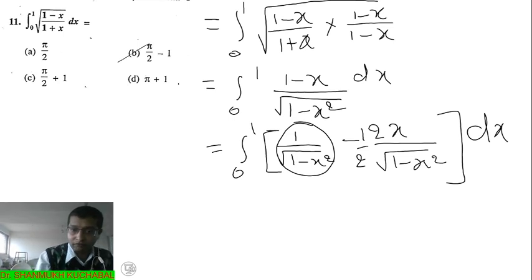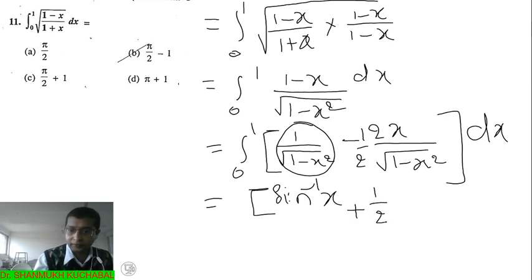So further, the integration of 1 divided by the square root of 1 minus x square is sine inverse x, minus, and here we get a plus, right? So 1 by 2 as it is, because here we have to take a minus, and to balance it we have to divide by minus.